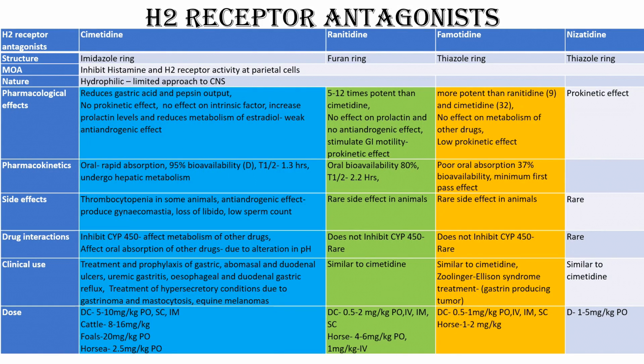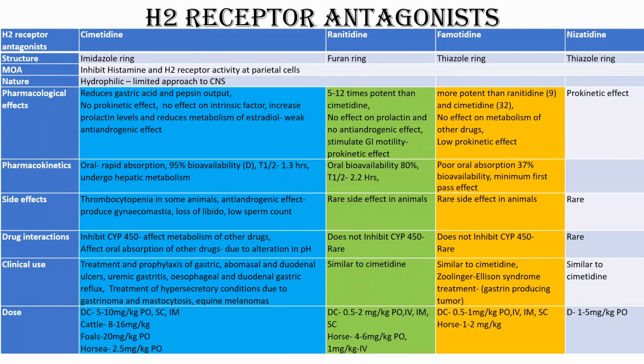So friends, hope you understand these H2 receptor antagonists and the specific points regarding all of them. You can identify H2 receptor antagonists by their suffix, that is TIDINE, in all the agents. Cimetidine is the only one with an anti-androgenic effect, but it doesn't have any prokinetic effect. The other three have a prokinetic effect and don't have any anti-androgenic effect.